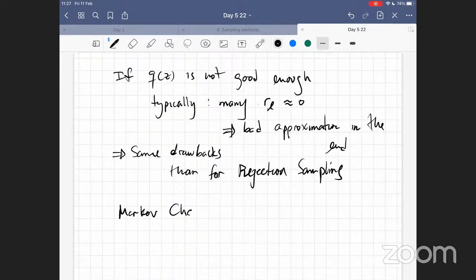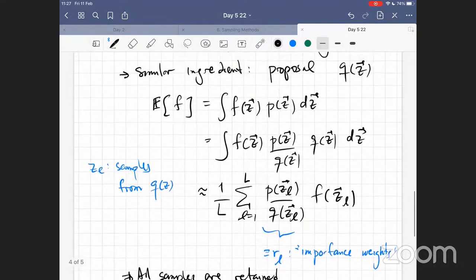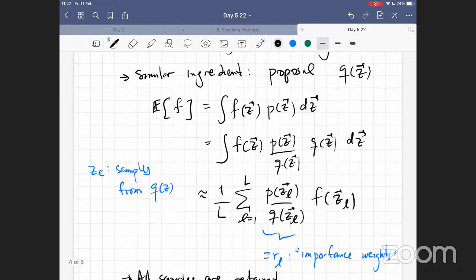Can I ask you something? Yeah. If we have a function which has a peak somewhere, is importance sampling a better way to sample instead of the original probability? Say it again.